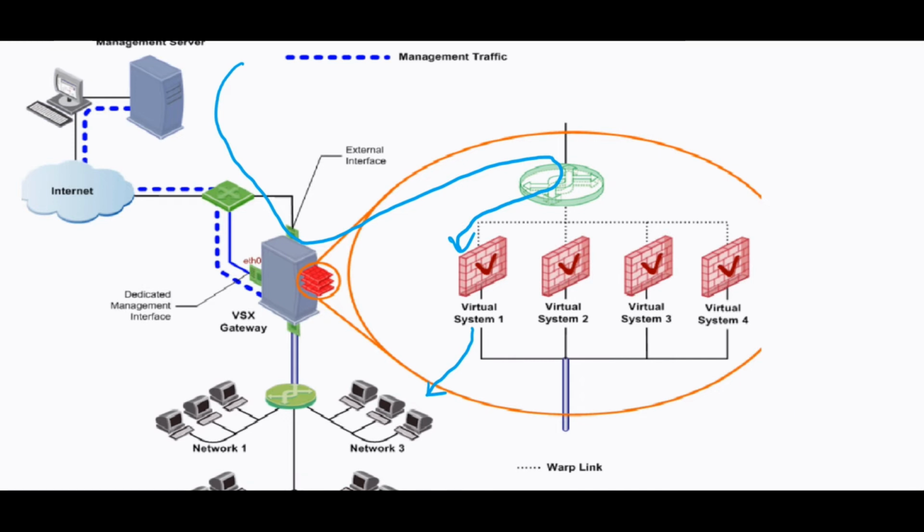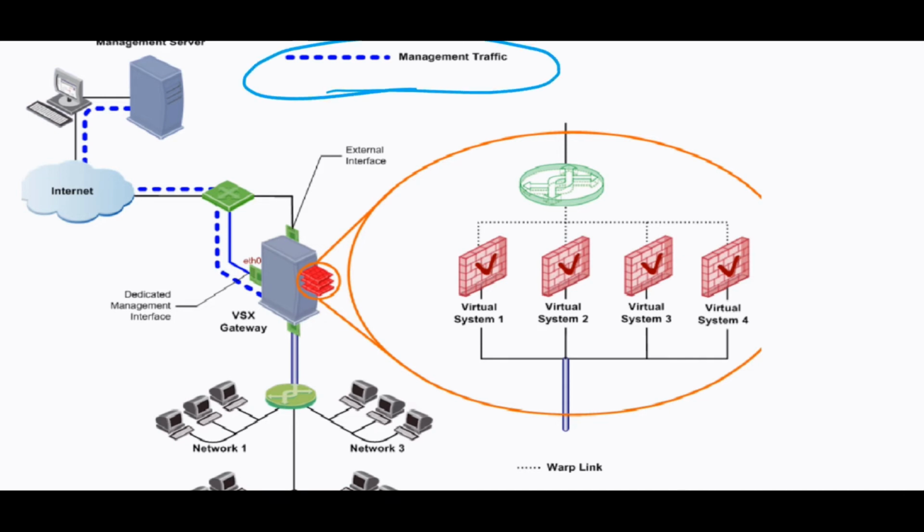And this feature is nothing but forwarding to the destination. And guys, these three features, number 1, context determination, number 2, security enforcement, and number 3, forwarding to the destination, perform the actual work of traffic management for the VSX gateway.